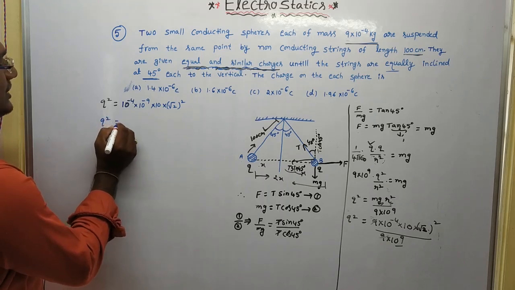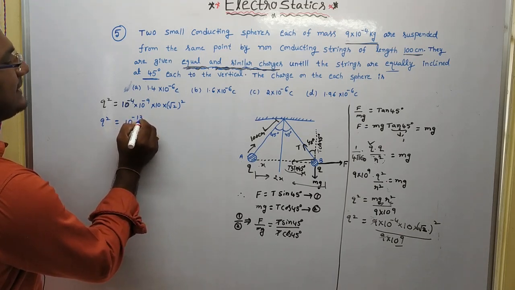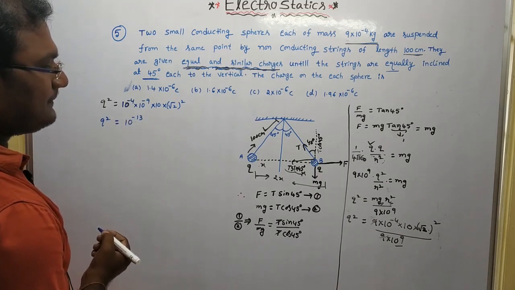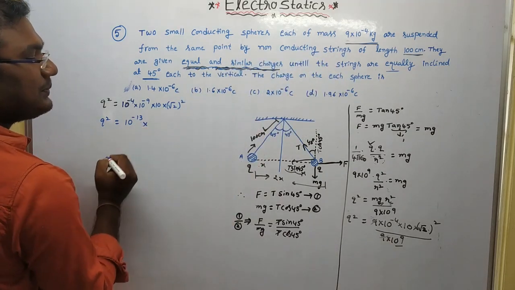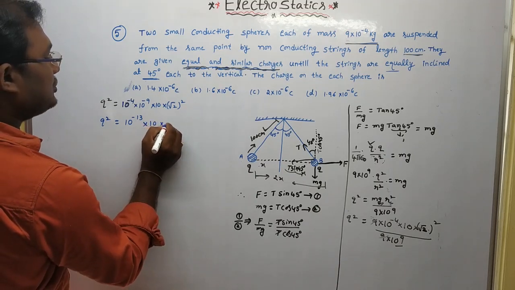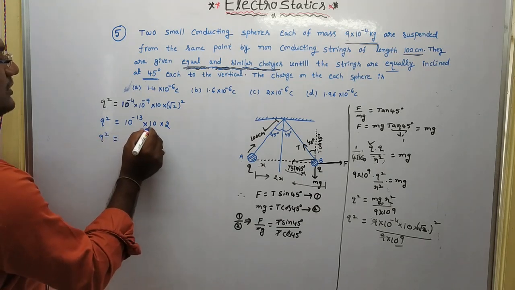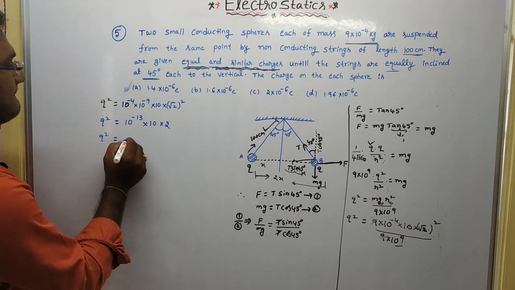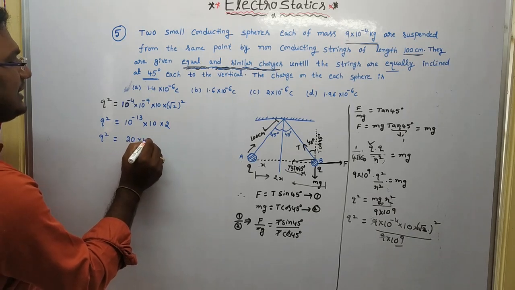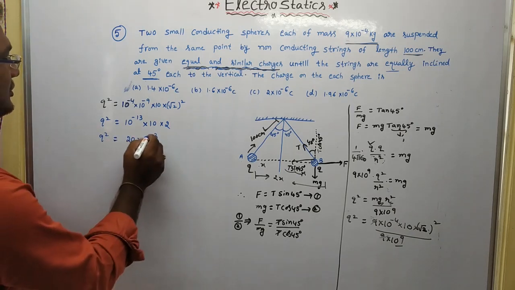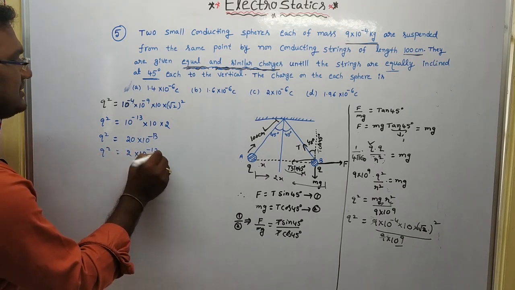Therefore, q square equal to 10 power minus 13 into 10 into 2, so q square equal to 20 into 10 power minus 13, q square equal to 2 into 10 power minus 12.